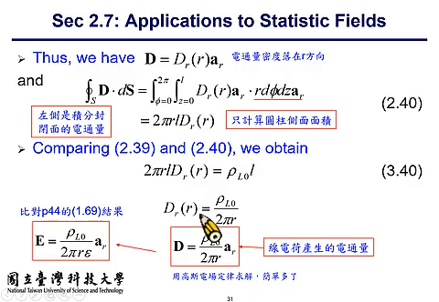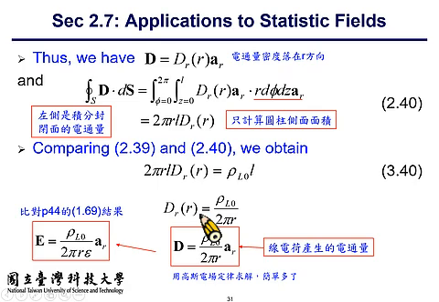And recall the result of the example in section 1.5. The electrical field intensity produced by an infinitely long line charge is rho sub L0 divided by 2 pi r epsilon. Epsilon is the permittivity.